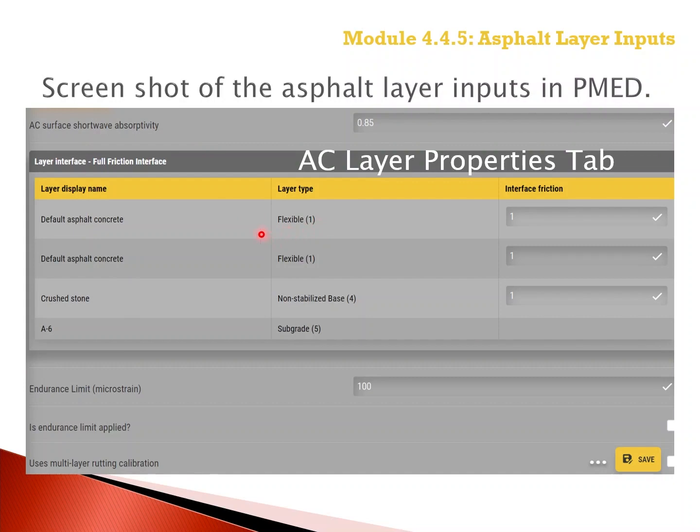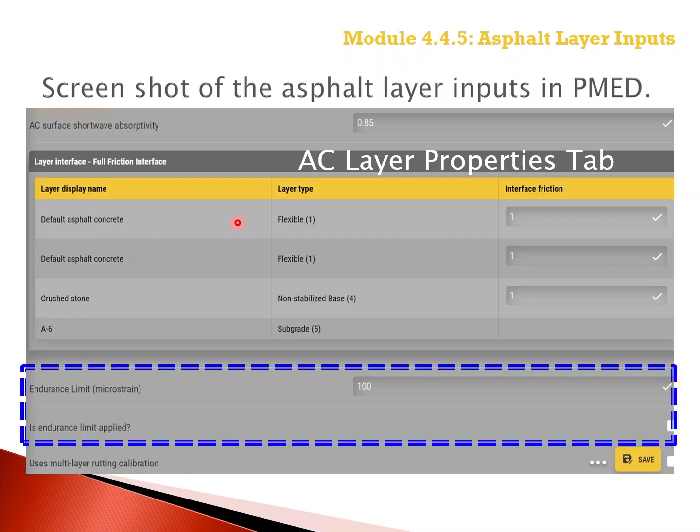There are other asphalt layer properties needed for design, which include the endurance limit for asphalt mixtures and the layer-dependent plastic strain or rut depth properties that are shown on this screenshot, and the AC fatigue properties and AC rut depth properties that will be shown on the next couple of slides.